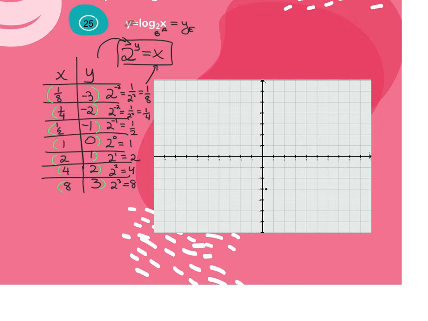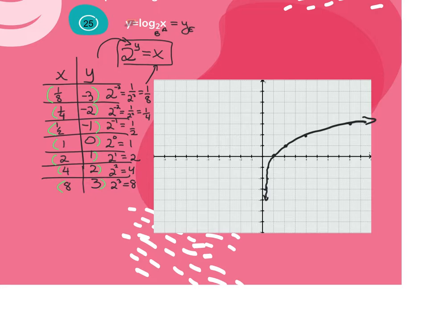There's the 1/8, -3, the 1/4, -2, the 1/2, -1, the 1, 0, the 2, 1, the 4, 2, and the 8, 3. I can go ahead and connect my points. And all of the log graphs are going to take on this shape.